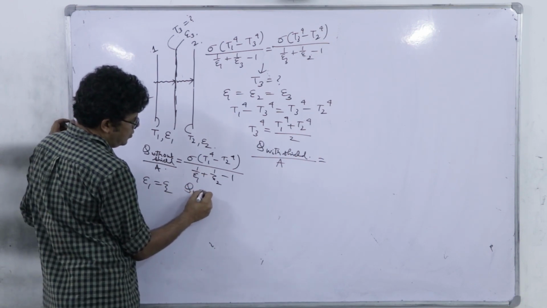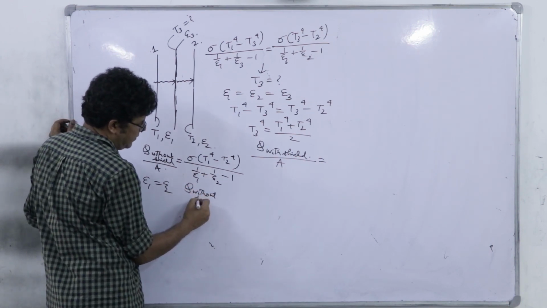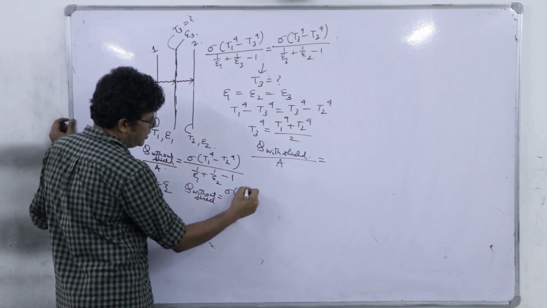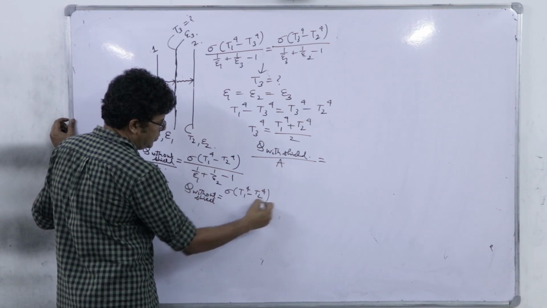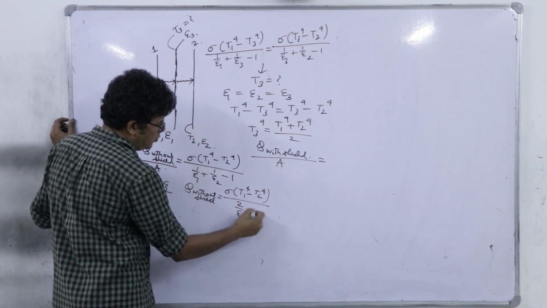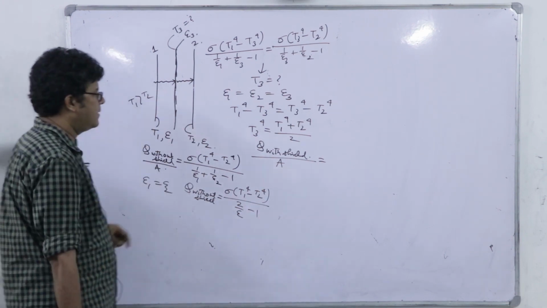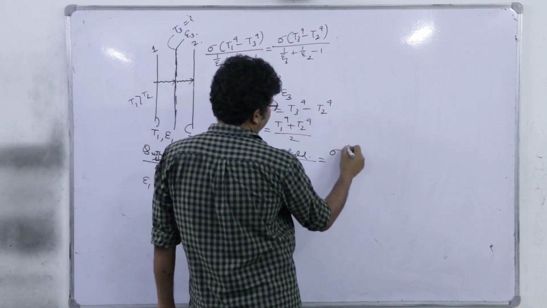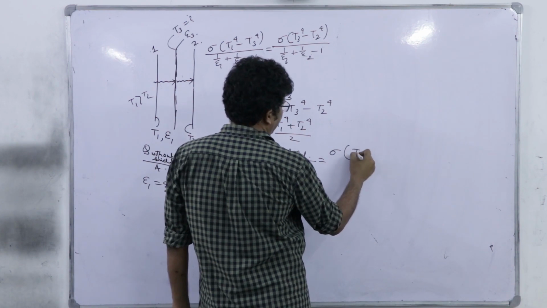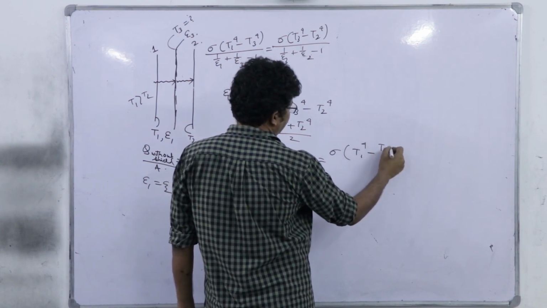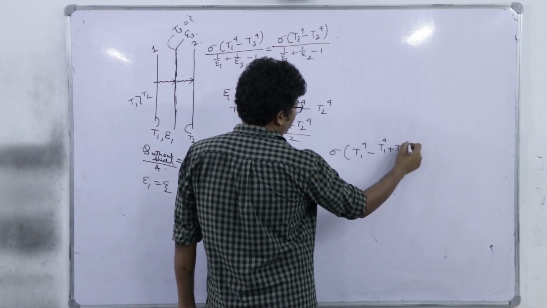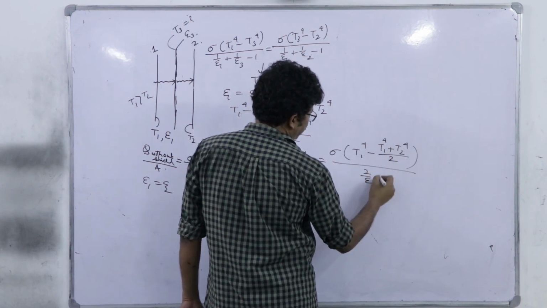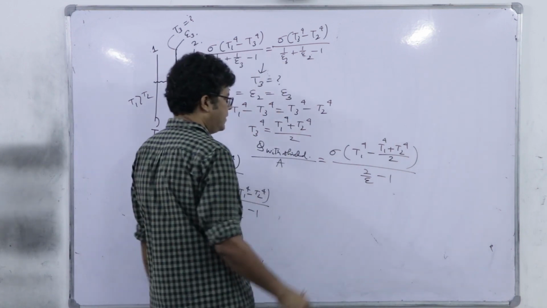Q without shield, for comparison let's first find out this. Sigma into T1 to the power 4 minus T2 to the power 4 divided by 2 by epsilon minus 1, right. So here we will have sigma into T1 to the power 4 minus the quantity T1 to the power 4 plus T2 to the power 4, divided by 2, all divided by 2 by epsilon minus 1, right.